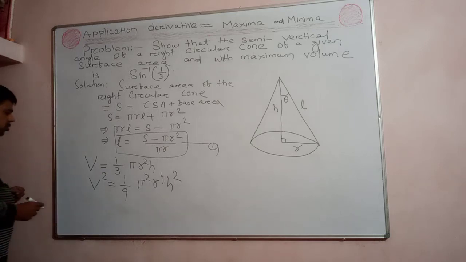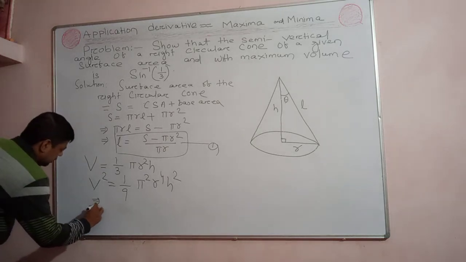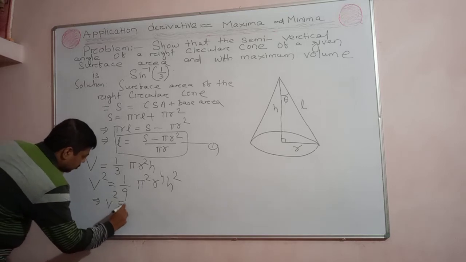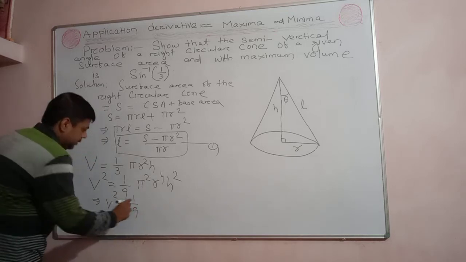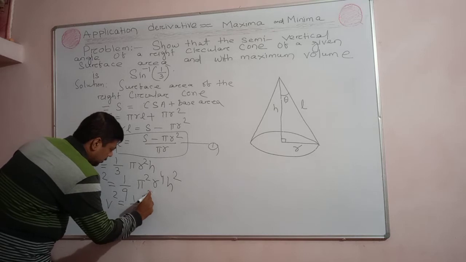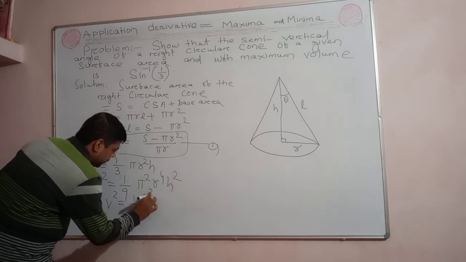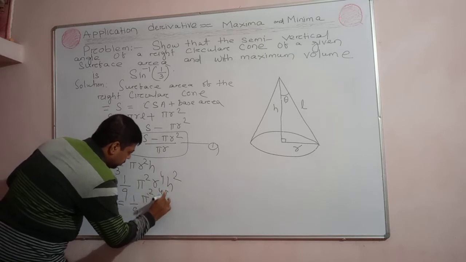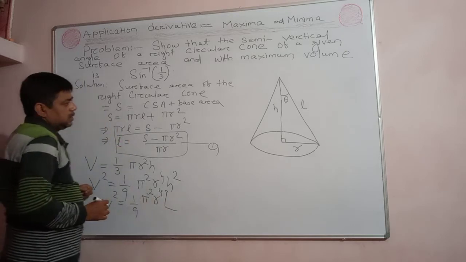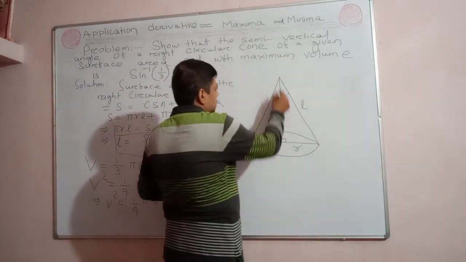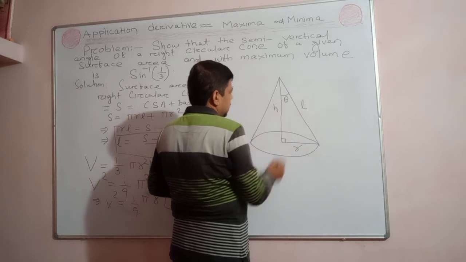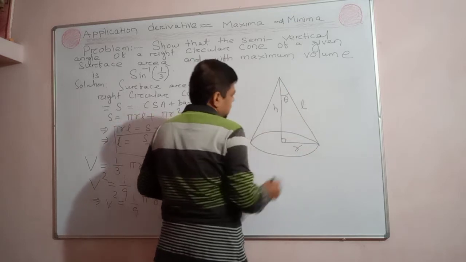So V square is equal to 1 by 9 pi square r to the power 4 h square. What does h square mean? Since it is a right angle triangle, h square is equal to L square minus r square.